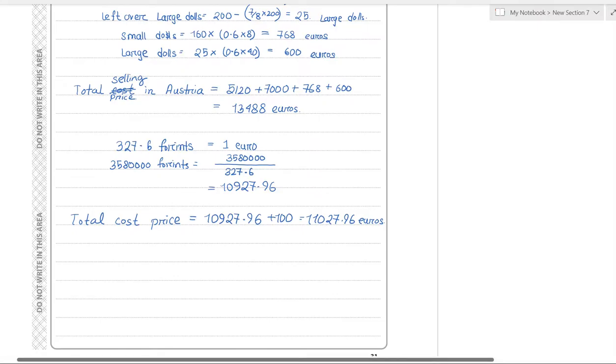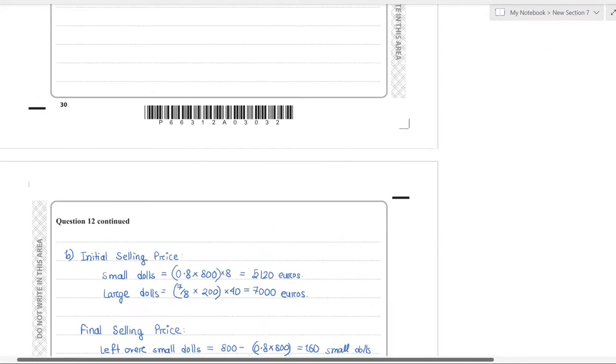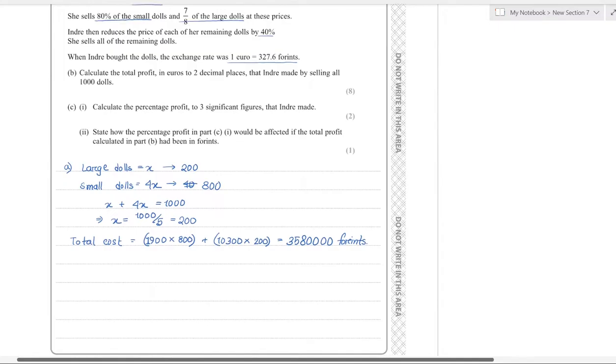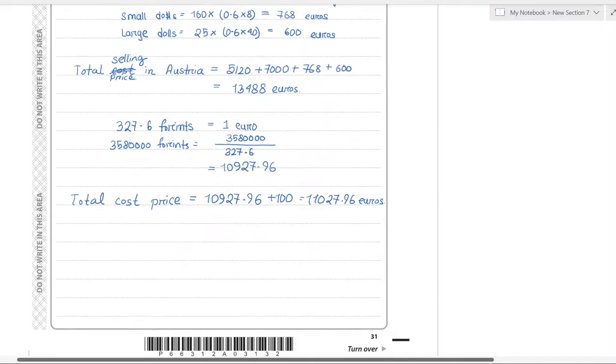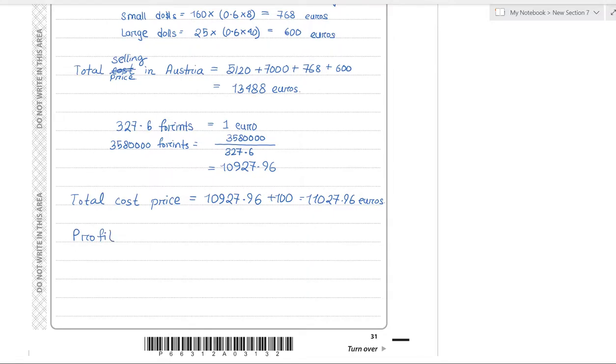And now to find the profit, again if we move back to our question part B, calculate the total profit in euros to two decimal places that Indre made by selling all 1000 dolls. So you just need to subtract the cost price from the selling price. So profit is 3488 minus 1027.96.